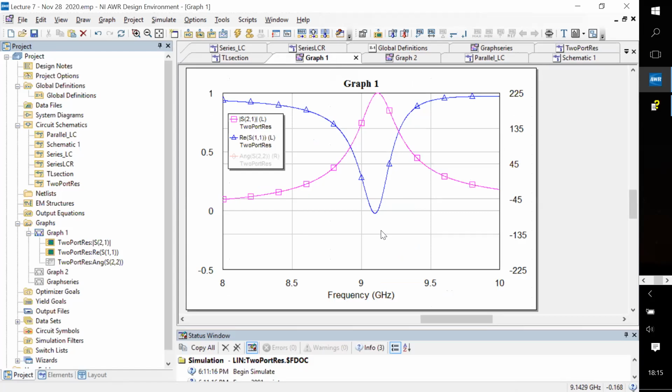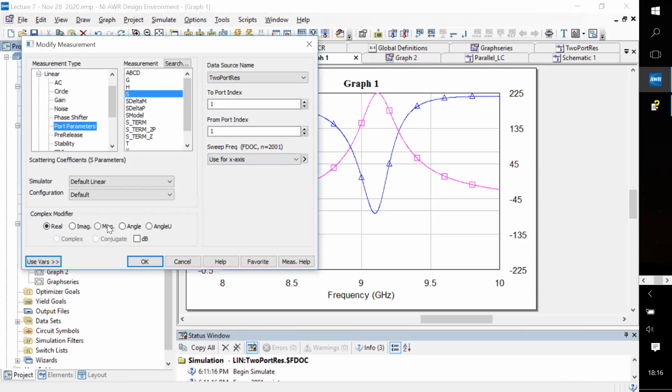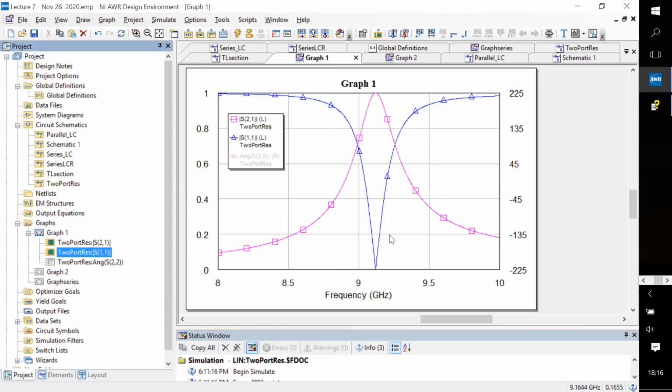Yes, but this is not the transmitted amplitude I've plotted here. Sorry, the reflected amplitude. It's the real part of the reflected amplitude. So we can go back to magnitude. But remember again that this will not add up to 1 because these are transmitted and reflected amplitudes, not powers.